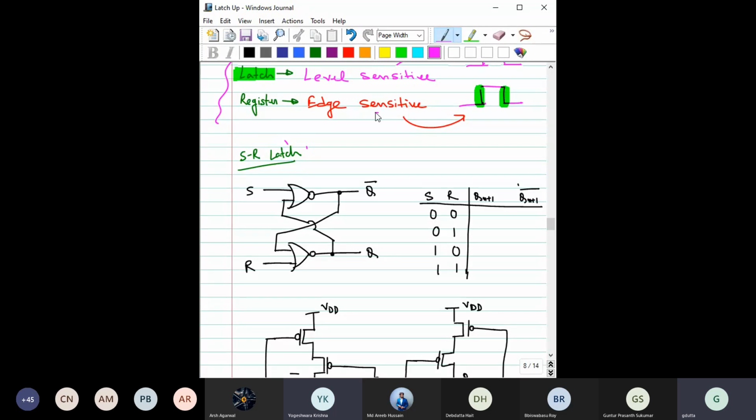So far we have seen that these two inverters connected like this will also act as a memory. This can store 1 bit. This can also store 1 bit. Then why do we need this SR latch and all these latches?